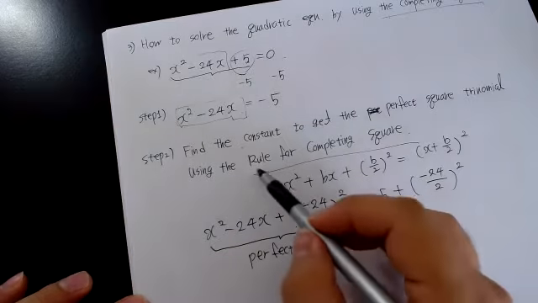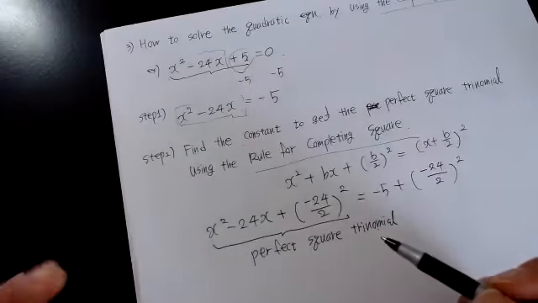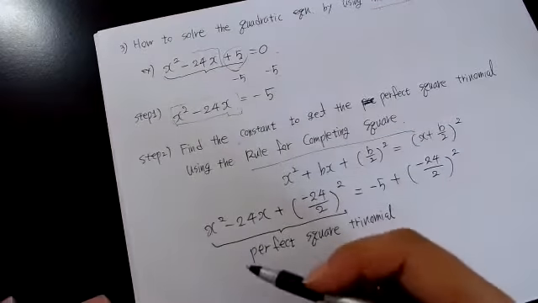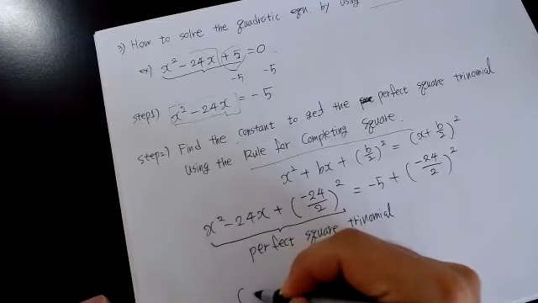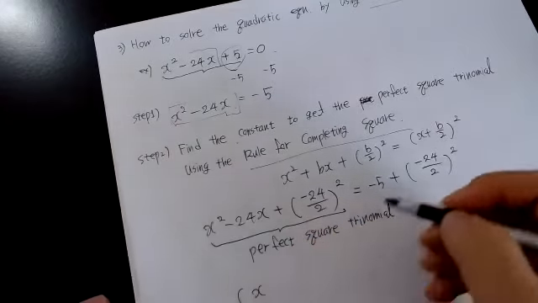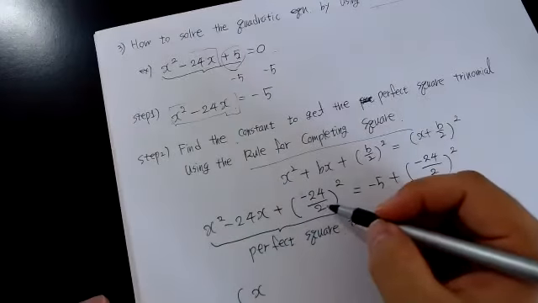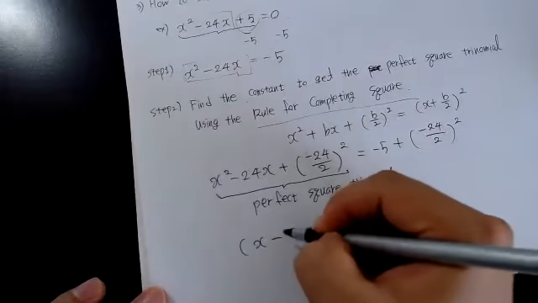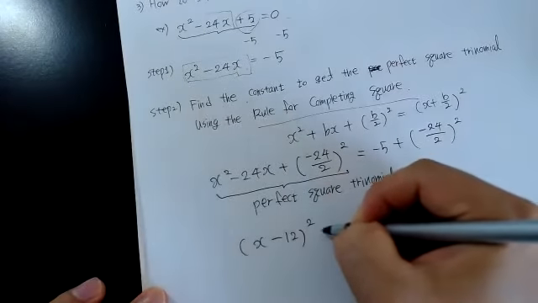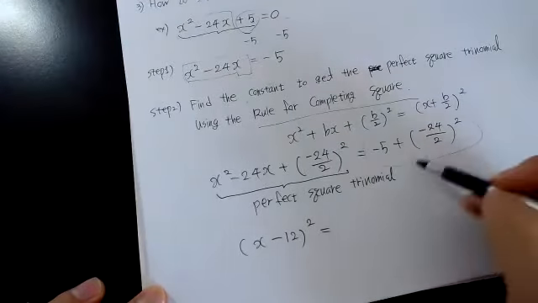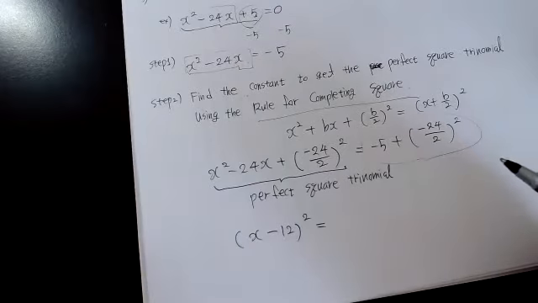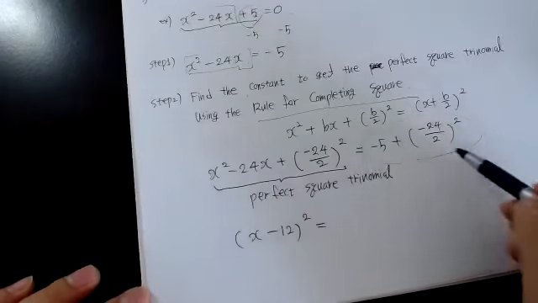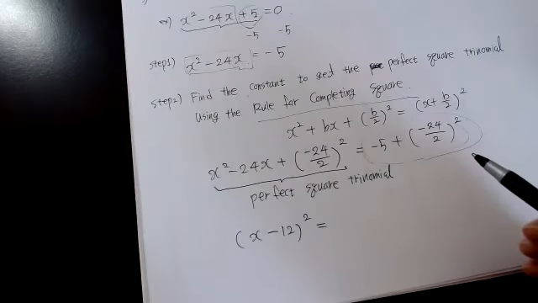By the rule for completing the square, that perfect square trinomial should be factored as a perfect square: x plus b over 2. Here, b over 2 is negative 12, right? So (x minus 12) squared is equal to, let me calculate this using a calculator.